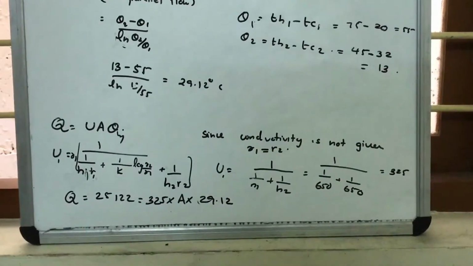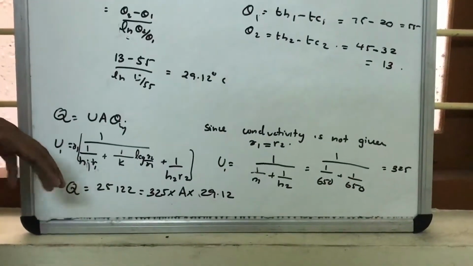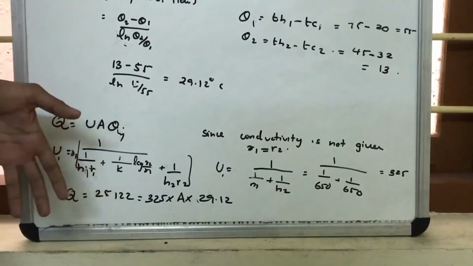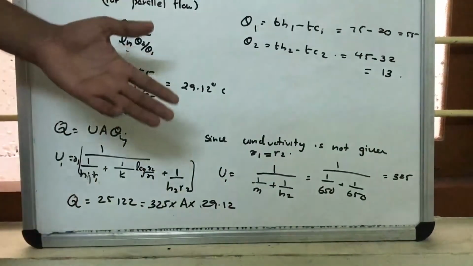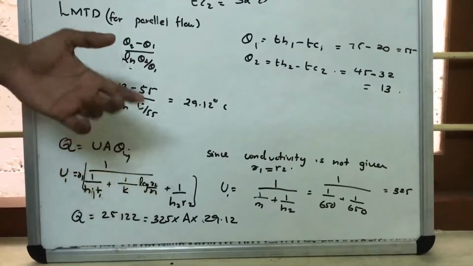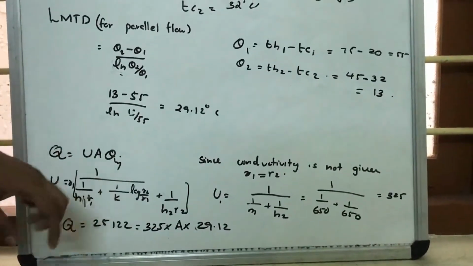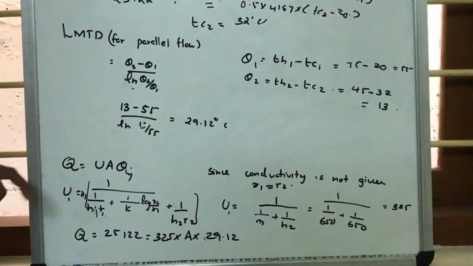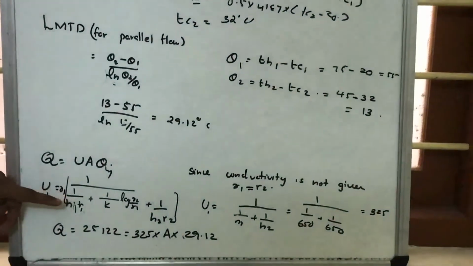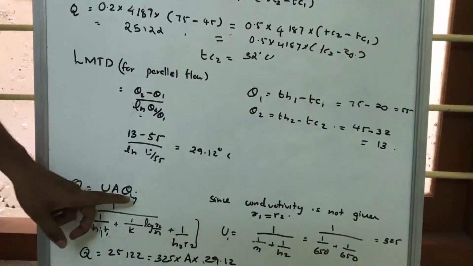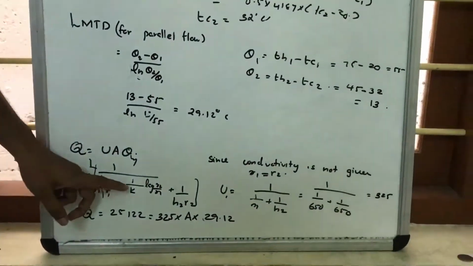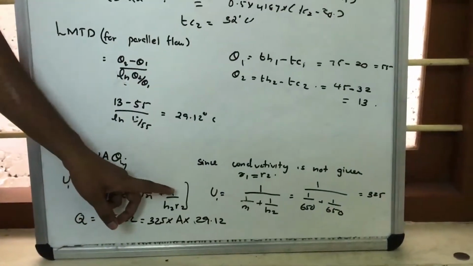Here the inner and outer surface radii are not given distinctly, so we take the tube as very thin, so that R1 and R2 are the same. Usually U1 is given by the formula 1 divided by, 1 by H1 R1 plus 1 by K log R2 by R1 plus 1 by H2 R2.